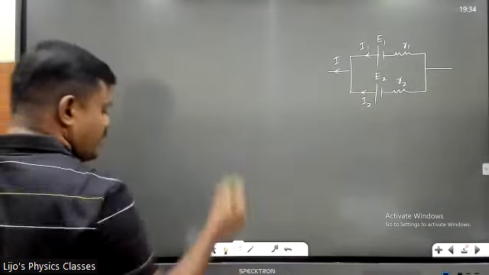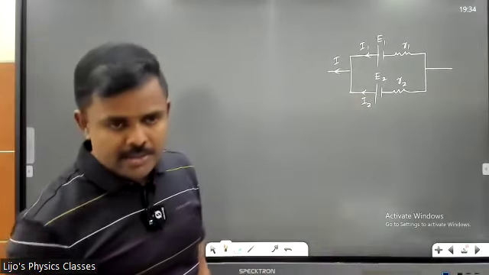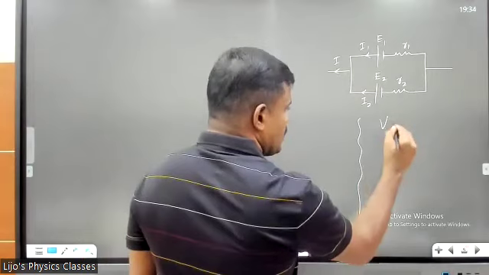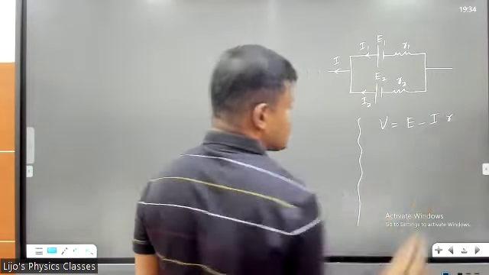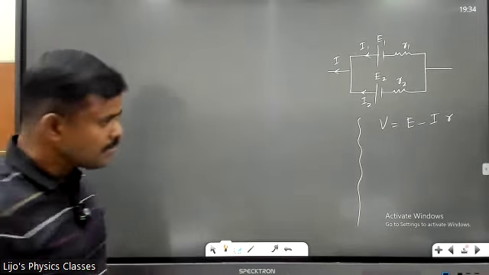Look at the junction and tell me, what is the total current? I1 plus I2. Before we start, write this on the margin. This is the equation you're going to start off with: V is equal to E minus IR. Get an equation for I from it.